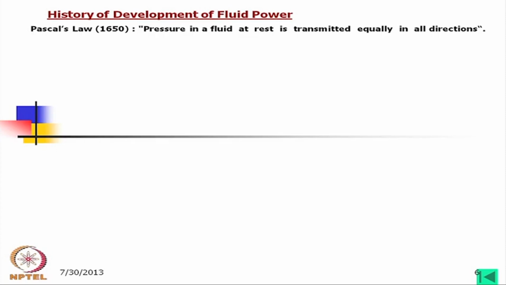Then onwards, people started thinking of the fluid power system using this fluid energy. However, until Bernoulli invented the law of conservation of energy in 1750, the fluid power did not crystallize.